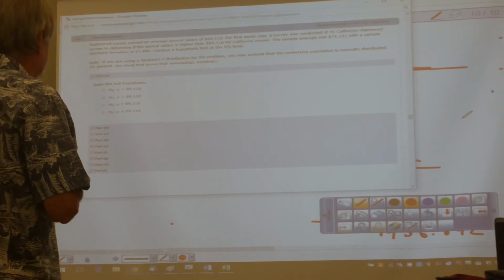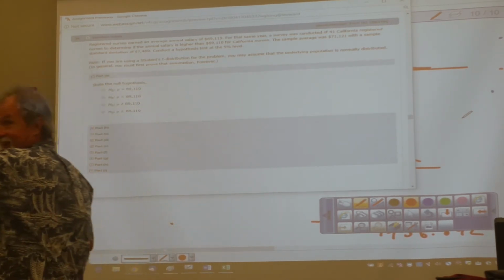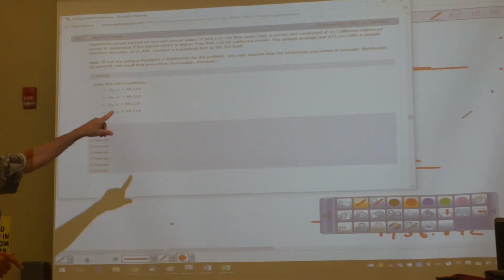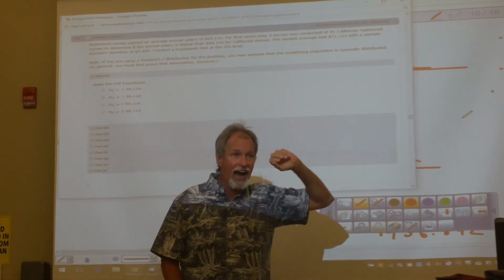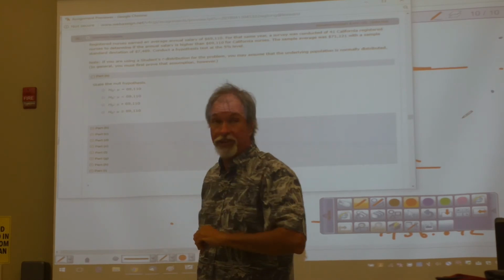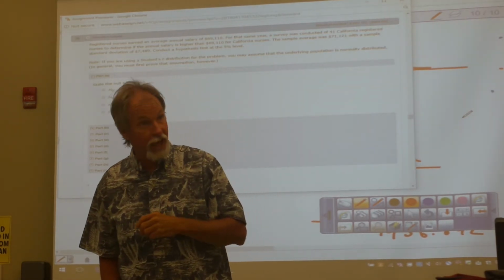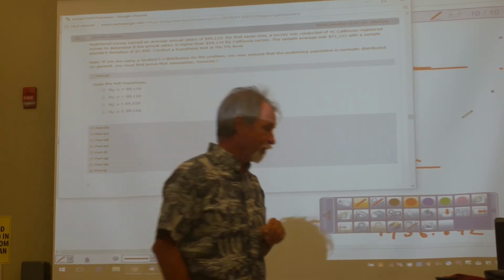Be more specific. As they get paid higher than 69,000. There you go. The question here is, the salary is higher than $69,110 for California nurses. A lot of money. Okay?